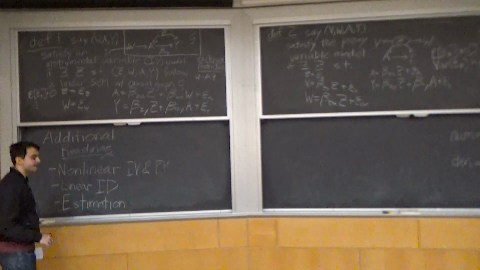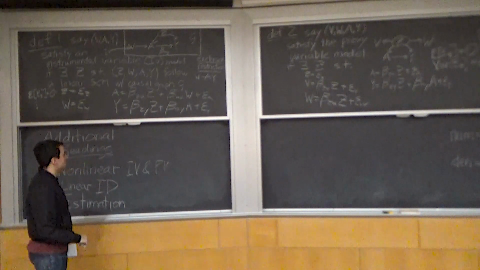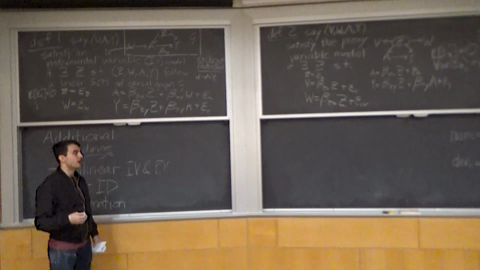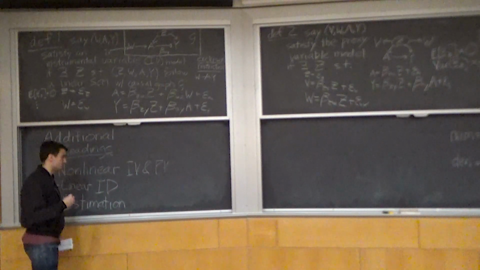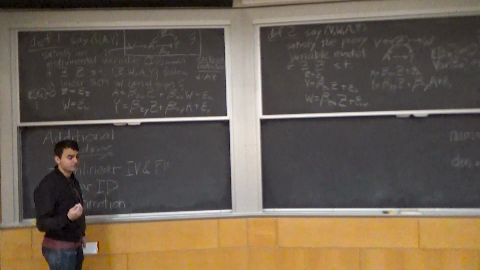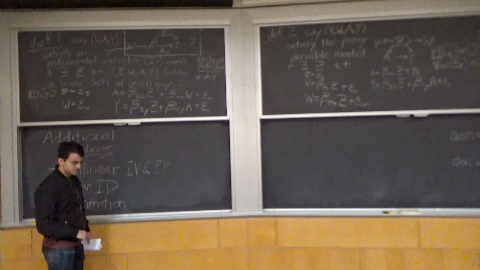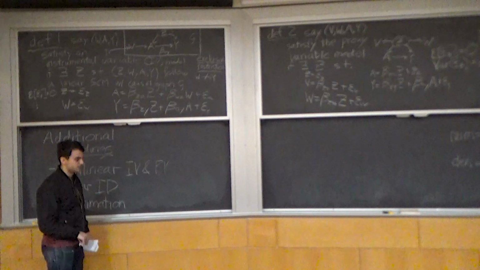Of course, in practice, we never have that. We just have samples from these distributions. And you have to convert these identification formulas into actual estimation techniques and algorithms to estimate, instead of identify, things from your data. And there's a lot to be said about that.